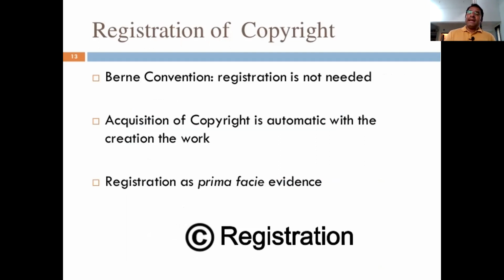The moment I create a book, see, I did not mention in my book the copyright symbol and all rights reserved. I did not do that. I did not even register my copyright. The moment I publish that particular book or creation, automatically my rights are made available to me and my work is protected under the Indian Copyright Act.